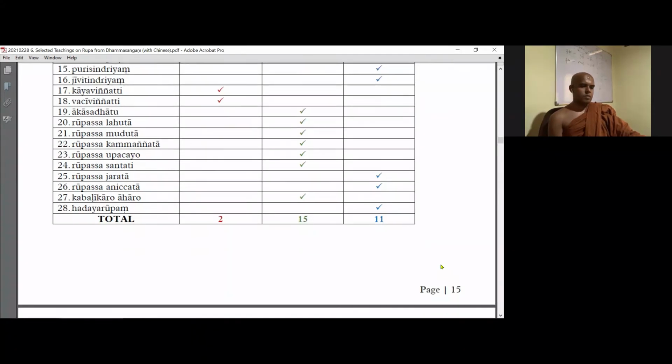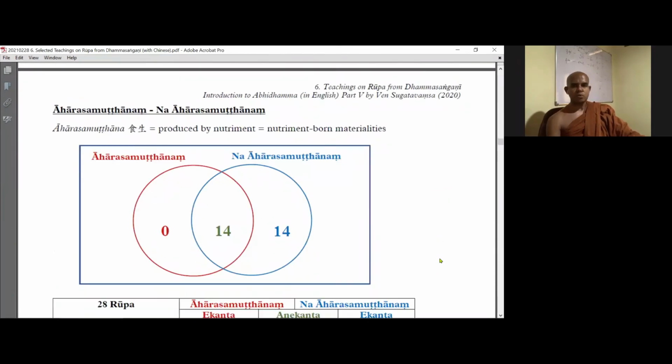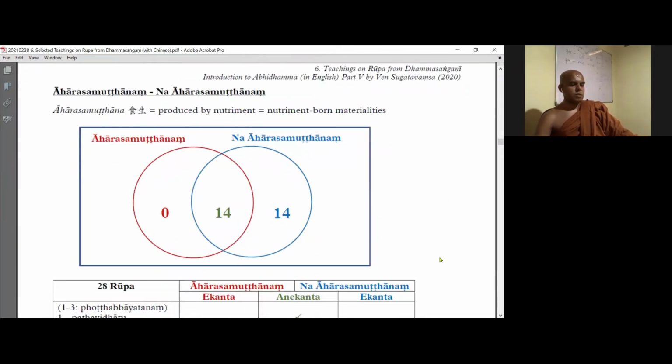Also, in the same way, the next one, according to the Dhammasangani, they classified rupa into the Ahara Samuttana group: Ahara Samuttanam, na Ahara Samuttana. Ahara Samuttana means produced by nutriment, nutriment-born materialities.